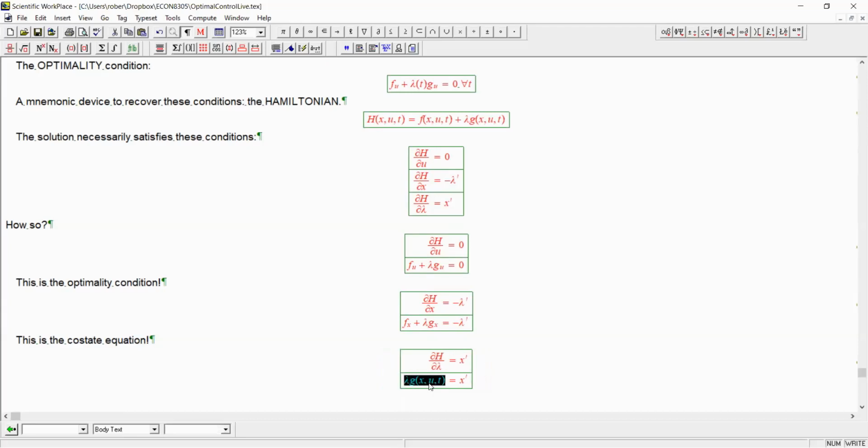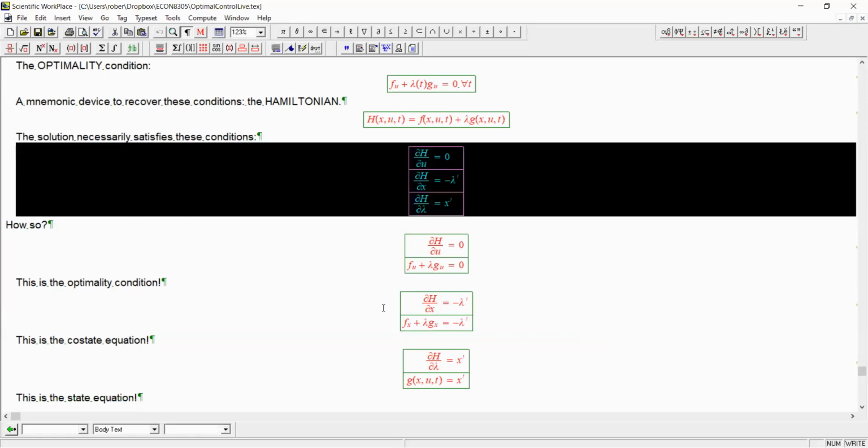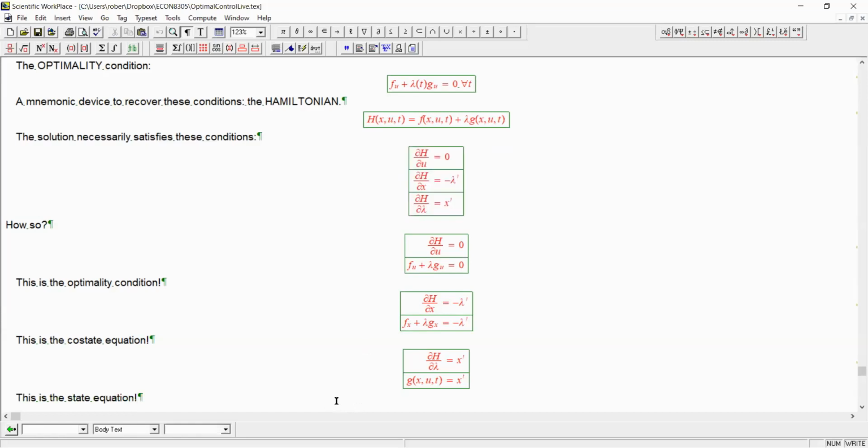And the derivative of this expression with respect to lambda is just g. And we have recovered the state equation. So in this way, you can use the Hamiltonian, remember this, and you can get all the necessary conditions you need for an optimum.